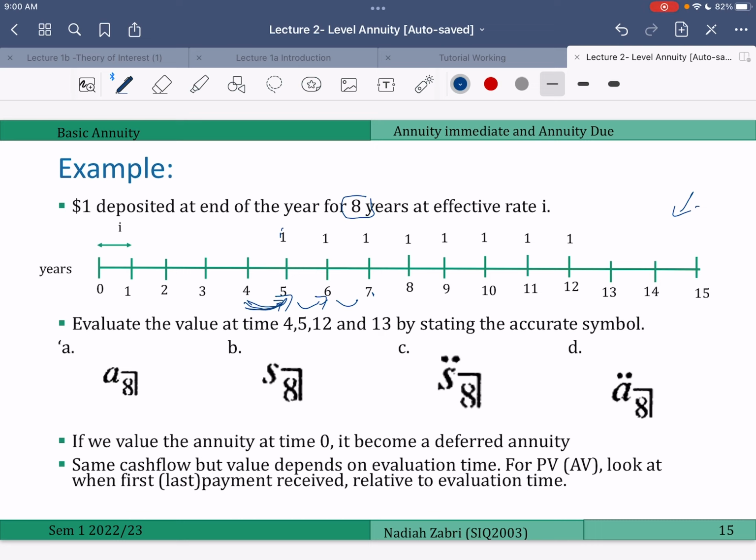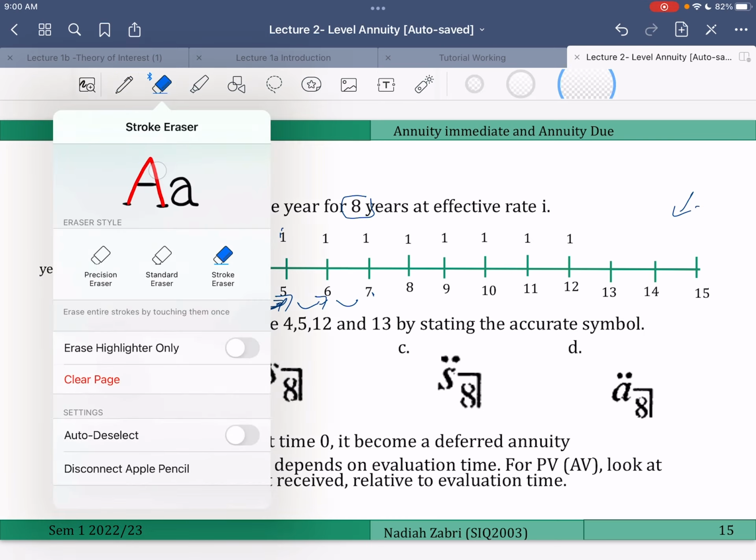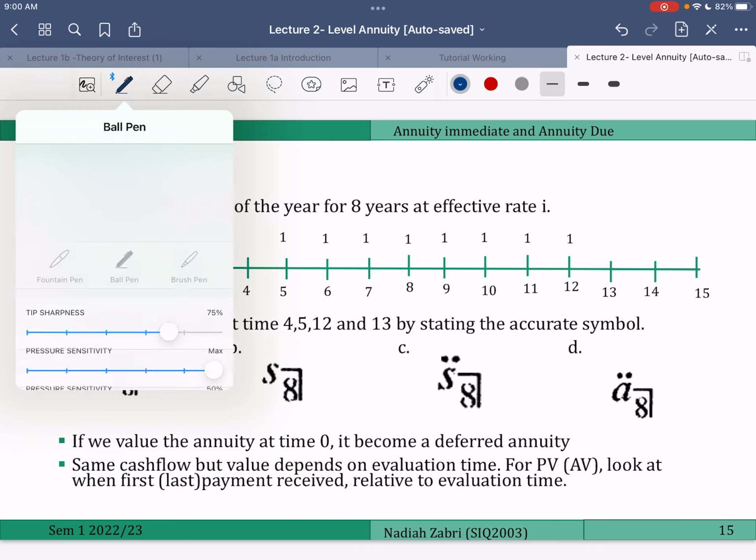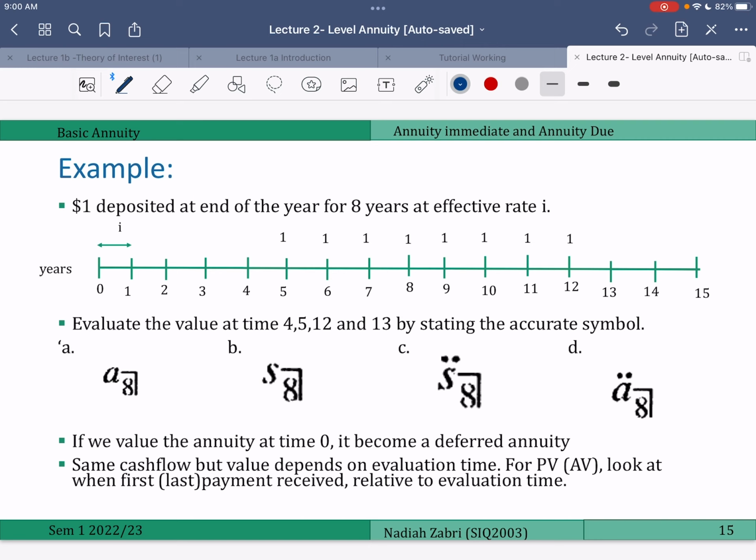So we can see this as annuity immediate, but we cannot say that, oh, when it is paid at the end of the year, it will always be evaluated with annuity immediate. No, because as we seen earlier, whether or not it will be annuity immediate or annuity due, it depends on when it is evaluated.